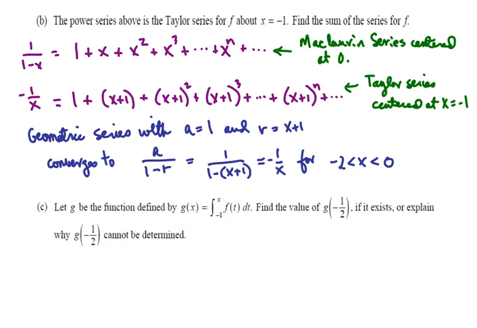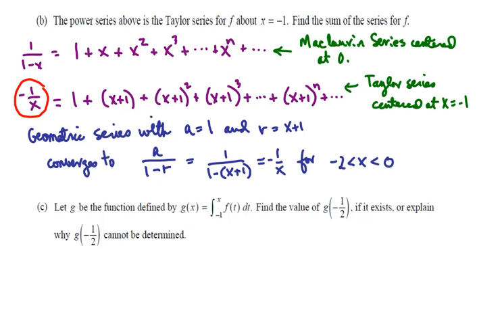So that is a power series. It's also a Taylor series for this function about x equals -1. Well, what is the function f that it is the Taylor series for? Well, it's none other than -1 over x.